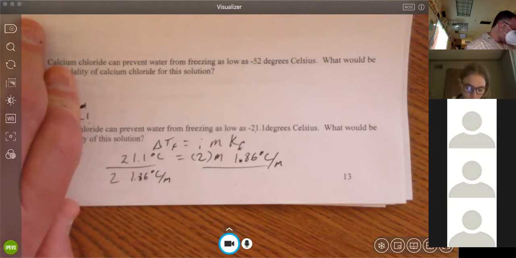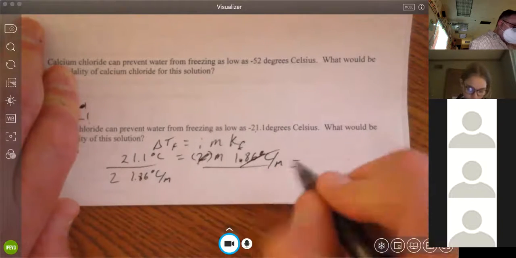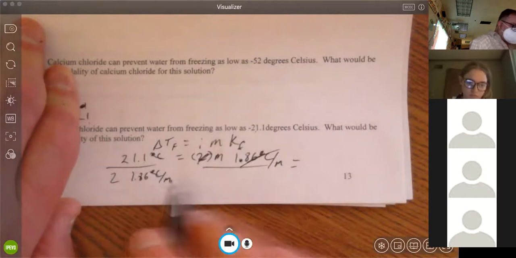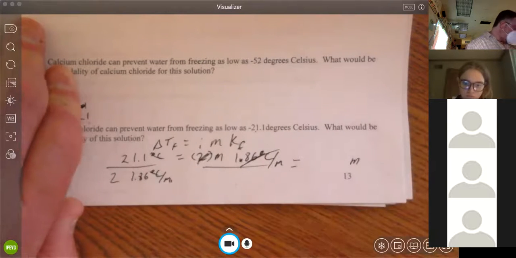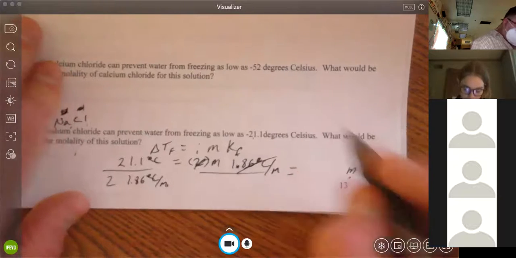The answer is about 5.672. Notice degrees Celsius cancel out. We have 1 over molality, which means the inverse of the inverse will be the normal. And we get 5.67.